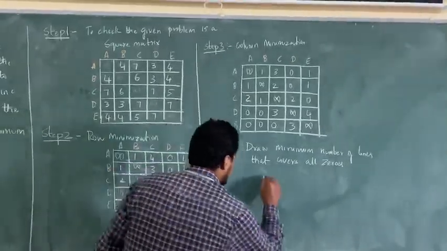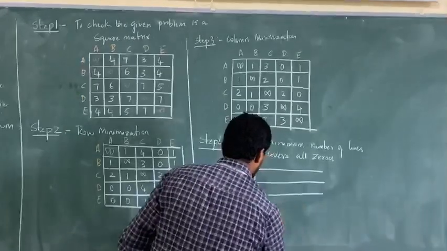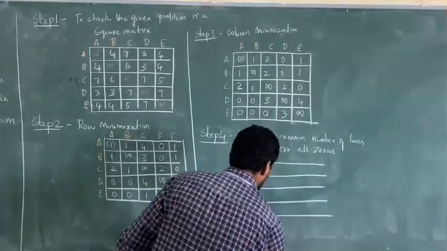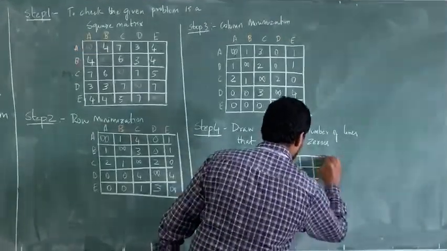So I'll just draw the same matrix, 1, 2, 3, 4 and 5.